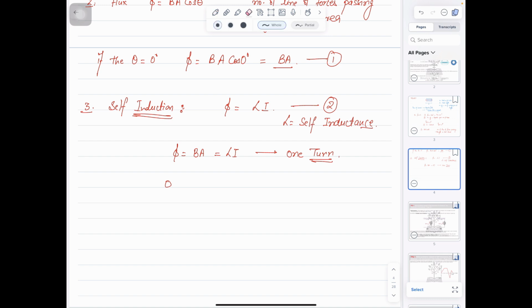N times flux is equal to L I. N times flux will give you the self-inductance in terms of current. So can I say N times B A is equal to L times I.